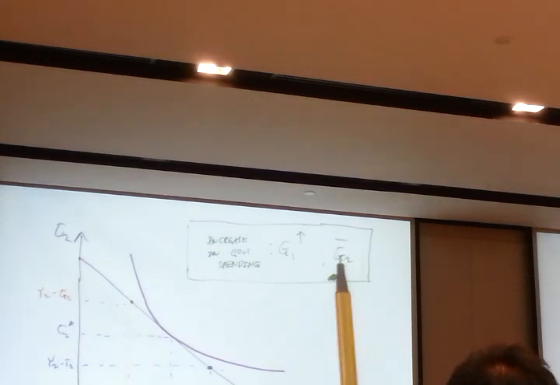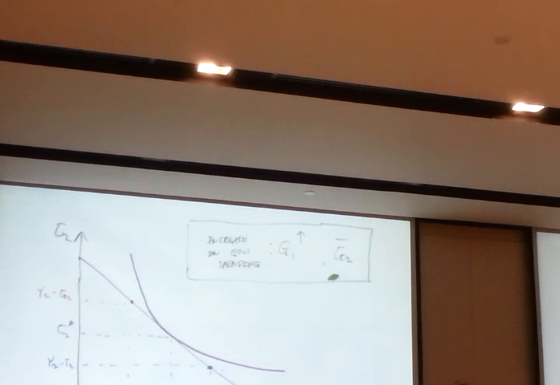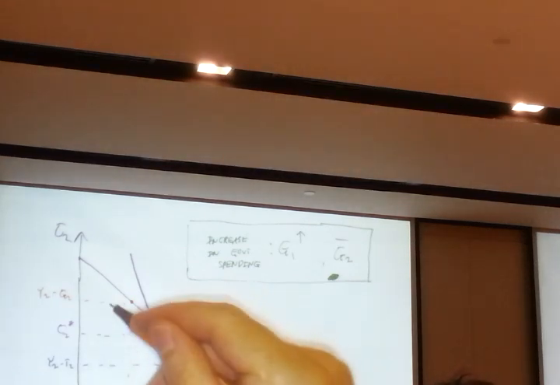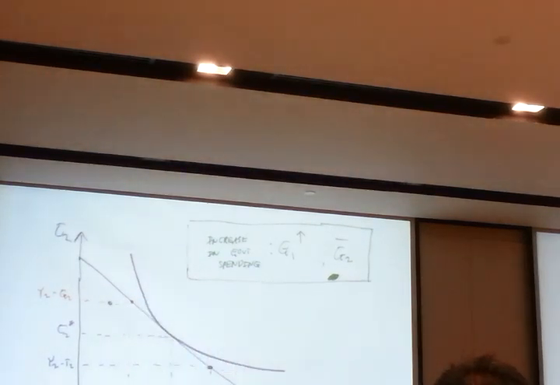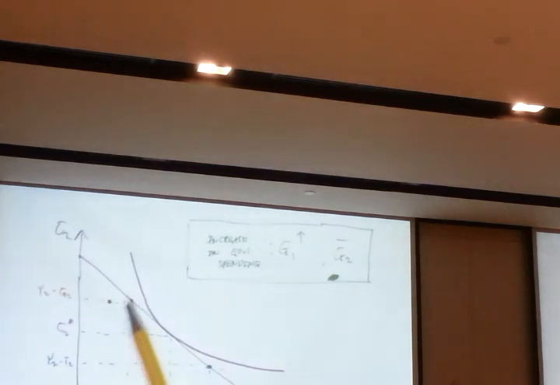The vertical coordinate doesn't change because we hold constant spending in the future. The horizontal coordinate goes down, so it goes which way? Left. So somewhere over here, there'll be a new version of this point.